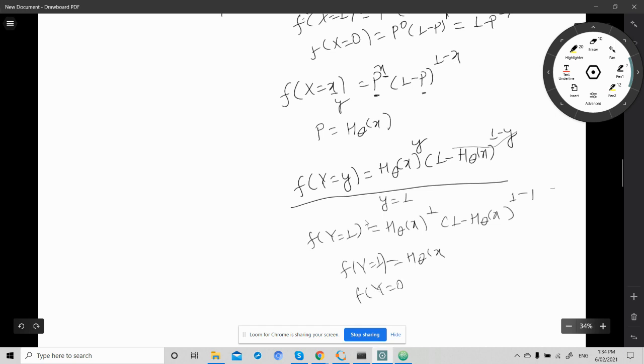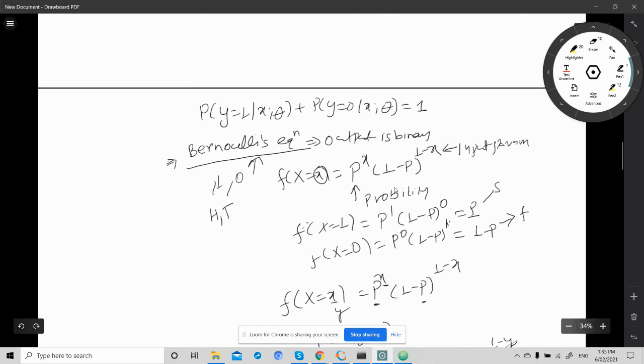If our y equals 0, then what we get is h theta of x to the power 0 times 1 minus h theta of x to the power 1 minus 0, which is equal to 1 minus h theta of x. So this is what we initially came up with, which says that the probability of y equals 1 plus the probability of y equals 0 is equal to 1.